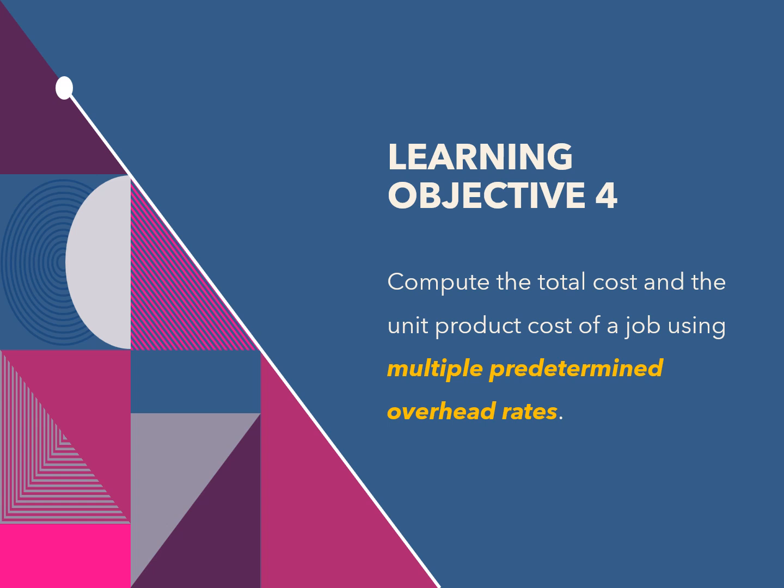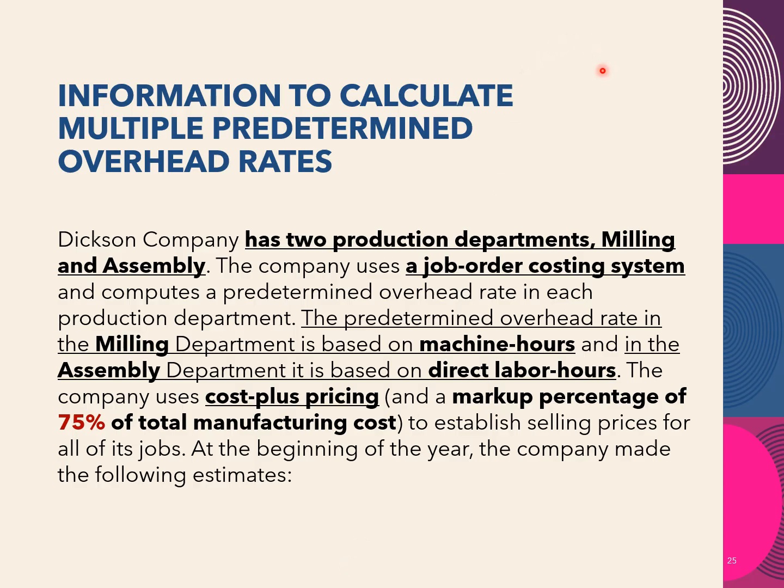Learning objective number 4, compute the total cost and the unit product cost of a job using multiple predetermined overhead rates. Let's do the exercise directly. And here is the information to calculate multiple predetermined overhead rates.